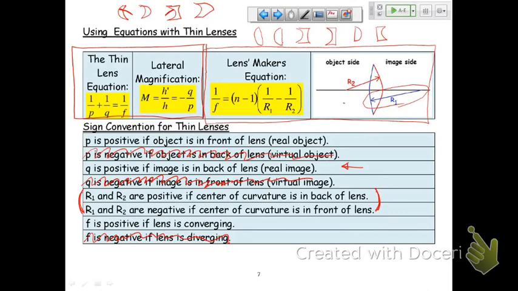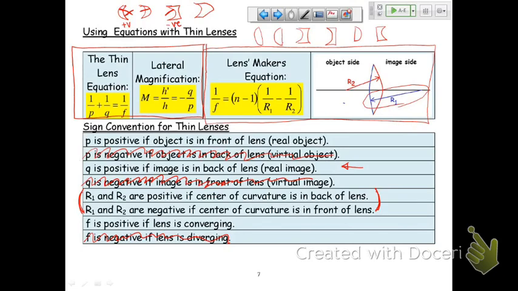So R1 and R2 are positive if the center of curvature is at the back of the lens. So this would be positive, and this would be negative. And R2 is the back surface, so that would be a positive R2, and that would be a negative R2. You learn your nomenclature.